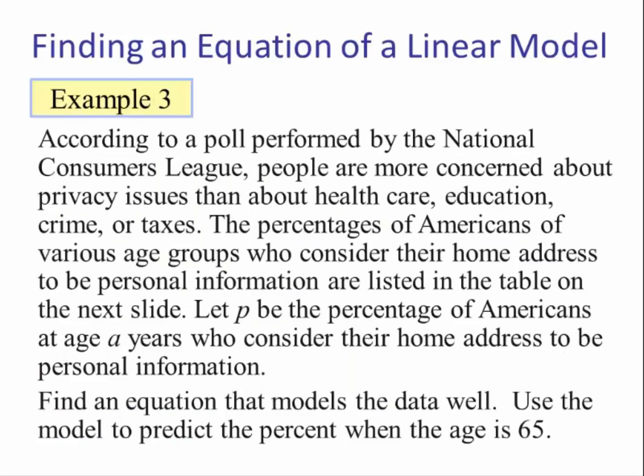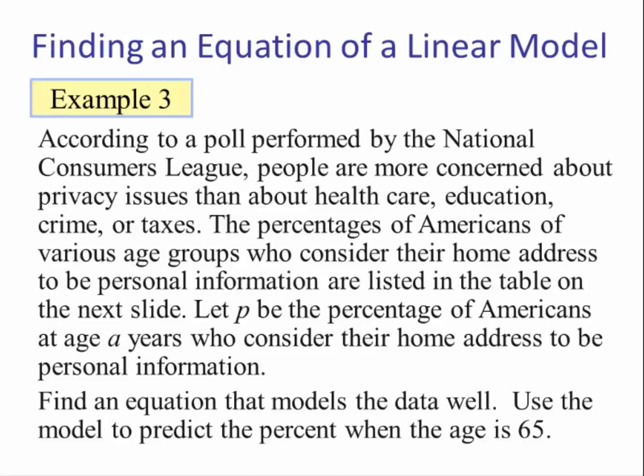Example 3. According to a poll performed by the National Consumers League, people are more concerned about privacy issues than about healthcare, education, crime, or taxes. The percentage of Americans from various age groups who consider their home address to be personal information are listed in the table on the next slide.